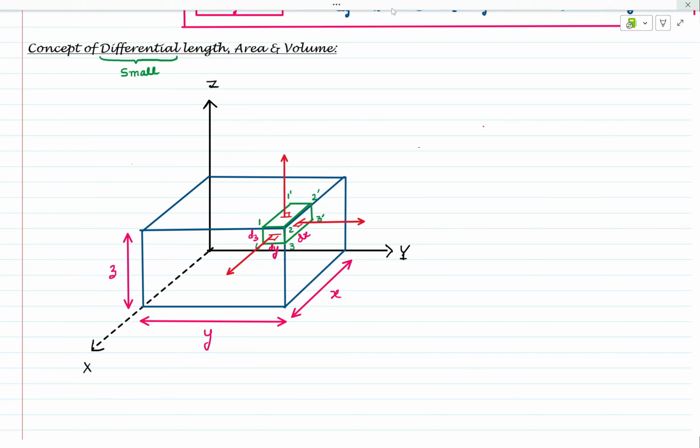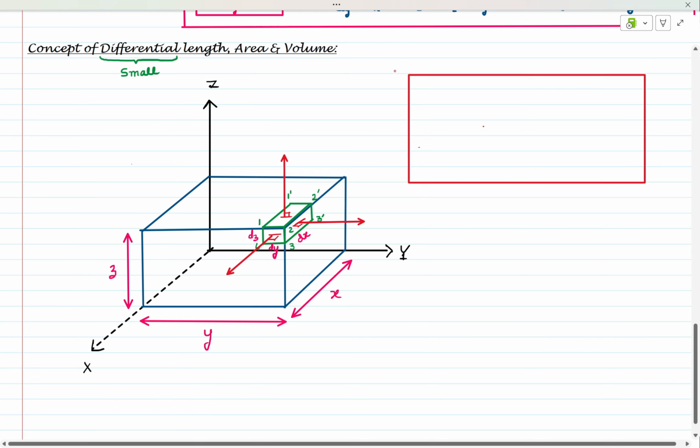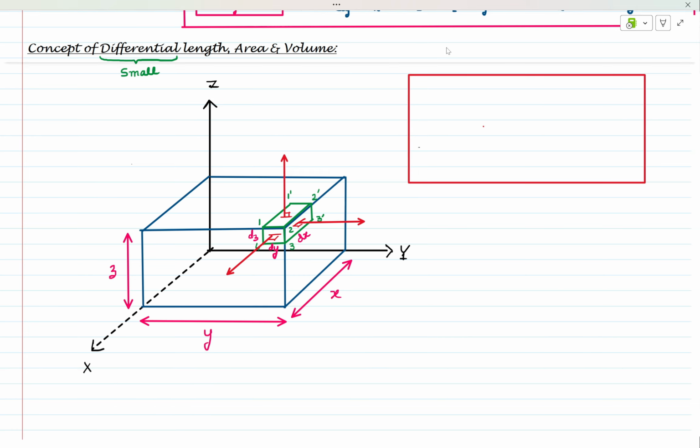Before that, let me write a small concept over here. If this is an area, that is the direction of the vector area I'm talking about. So the small concept is about the direction of the area vector.